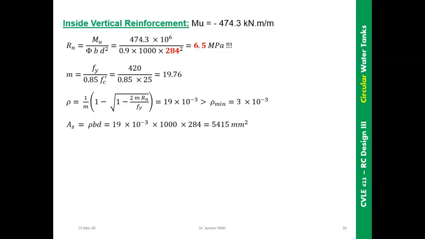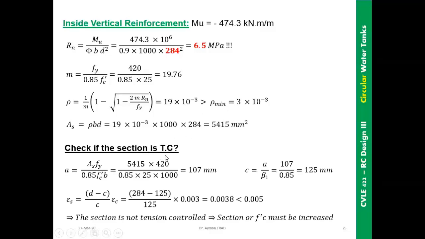As evidence, if we follow this procedure and keep Rn equal to 6.5, we get rho equal to 19 times 10 to the power minus 3. We get As, then we check if the section is tension controlled. a equals As fy over 0.85 f prime c times b, giving 107, then c, then we determine the strain in the steel, which comes to 0.0038. That is greater than the limit of tension control.